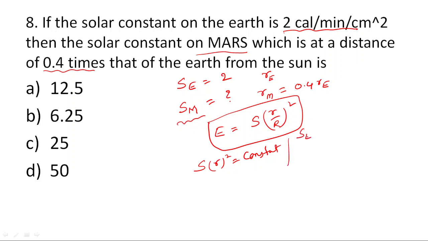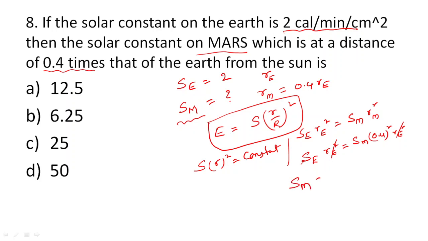Hence, Se Re square is equal to Sm Rm square. Se Re square is equal to Sm into 0.4 whole square into Re square. Re square is cancelled.